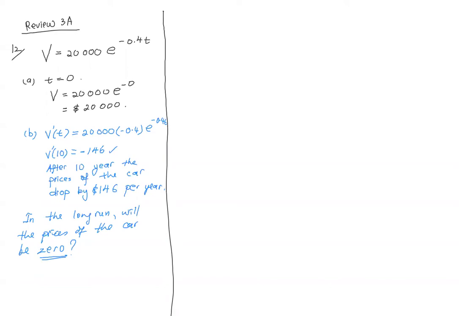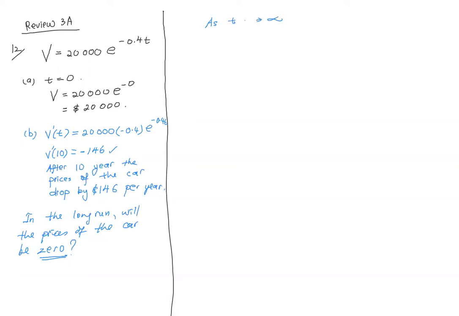So how are you going to show that it will not become zero? Madeline? As e to the power of negative 0.40 approaches infinity. Should we start with t approaches infinity?